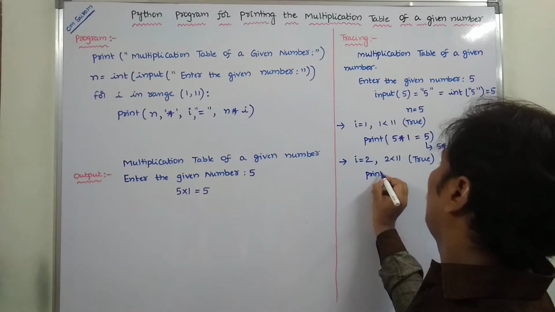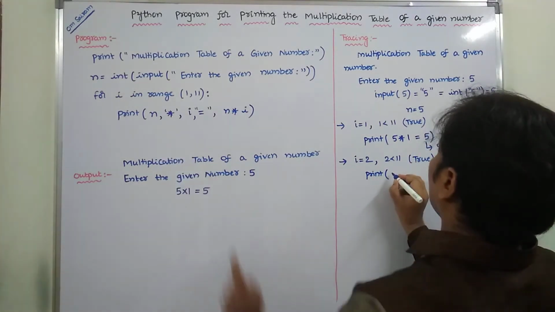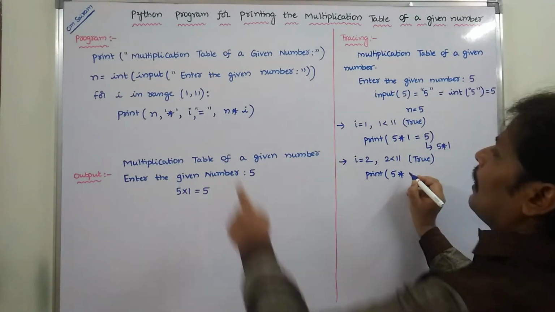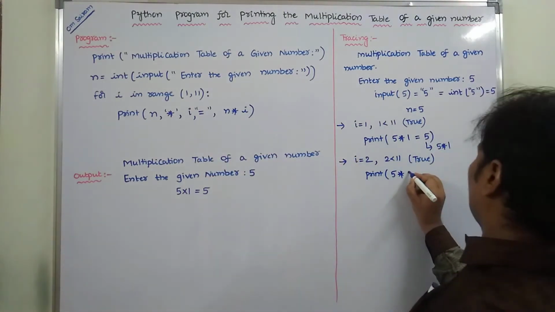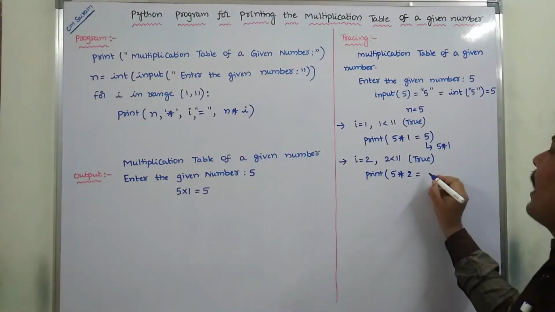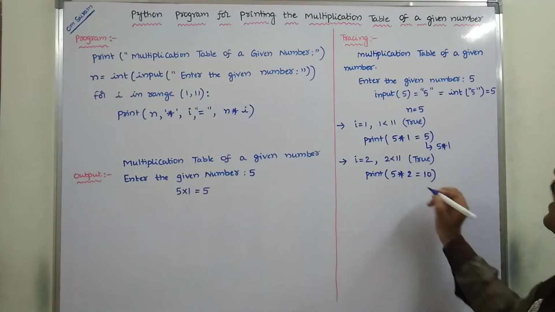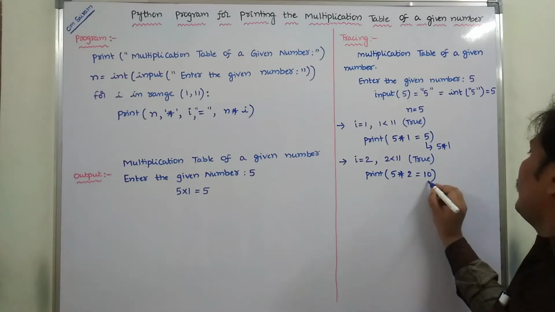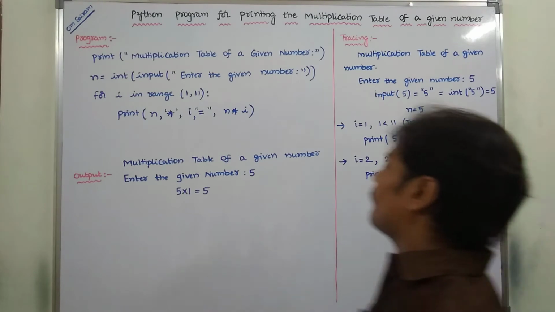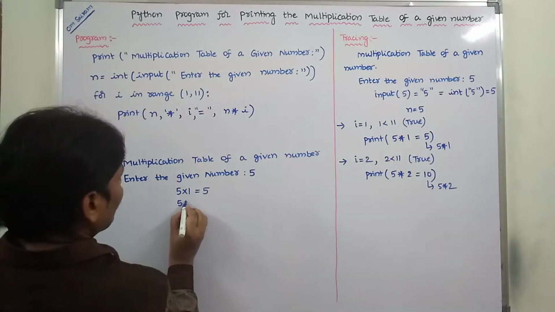So print n value 5 into I value 2 is equal to 5 into 2, that is 10. So printing 5 into 2 is equal to 10.